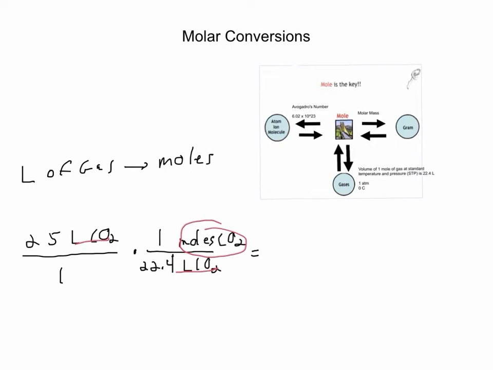And we get 1.12 moles of CO2. So the process is still the same as we did with moles and grams. In this case, we just have different conversion factors. Again, you can see that with gases, it actually doesn't matter what gas we have. It's always going to be 1 mole is 22.4 liters.